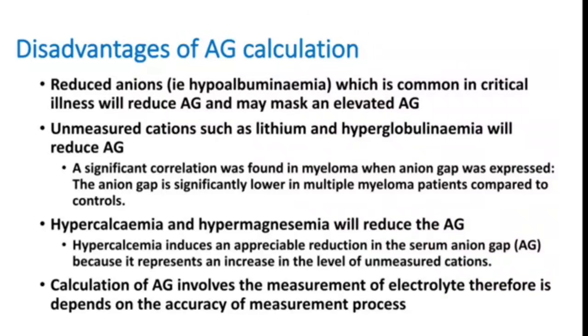Hypercalcemia and hypermagnesemia also can reduce the anion gap. Calculation of anion gap involves the measurement of electrolytes, therefore it depends on the accuracy of the measurement process. So if we are using a machine which is not calibrated properly, it can also produce abnormality in the anion gap calculation.